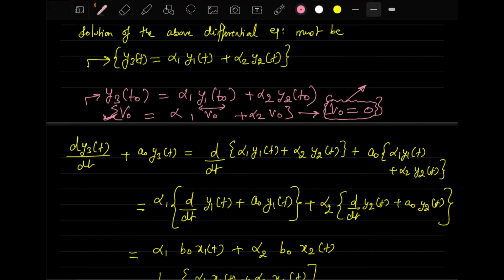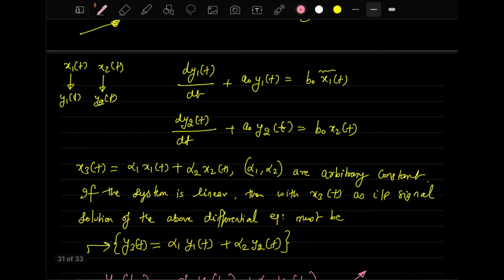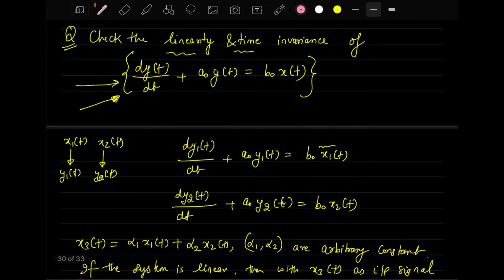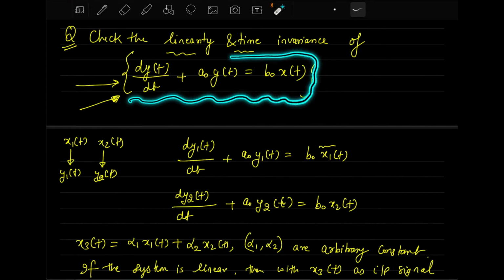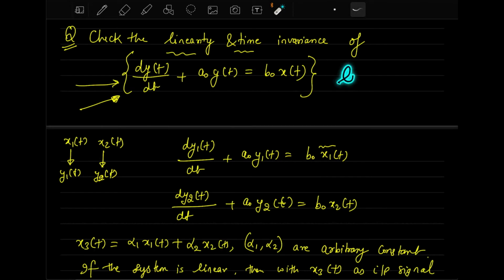If you want your differential equation, this one, to be linear, your initial conditions on the system must be relaxed. It should be zero. There should be no initial condition involved.